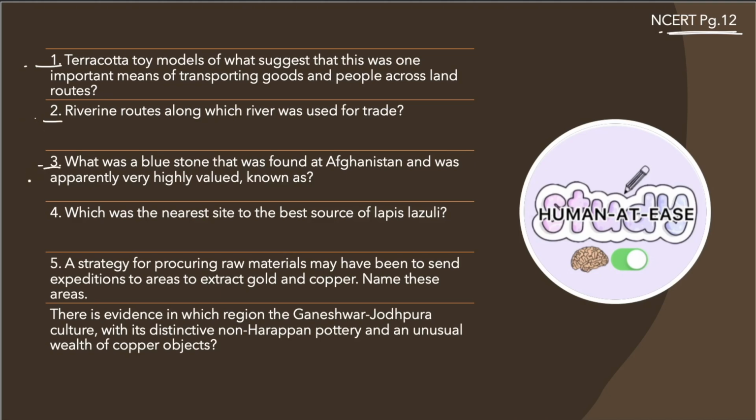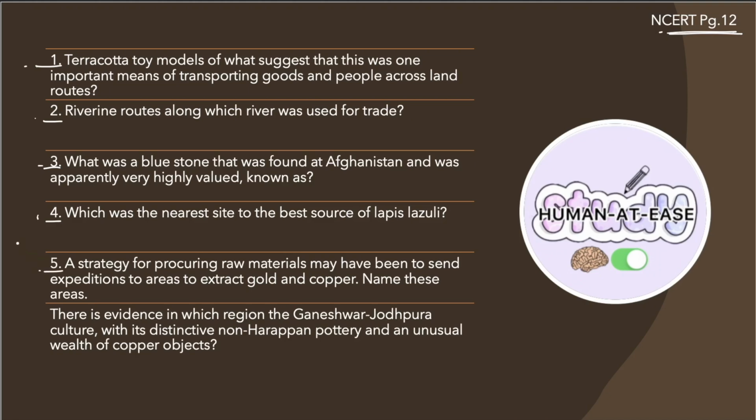Question number 3. What was a blue stone that was found at Afghanistan and was apparently very highly valued, known as? Question number 4. Which was the nearest site to the best source of lapis lazuli? Question number 5.